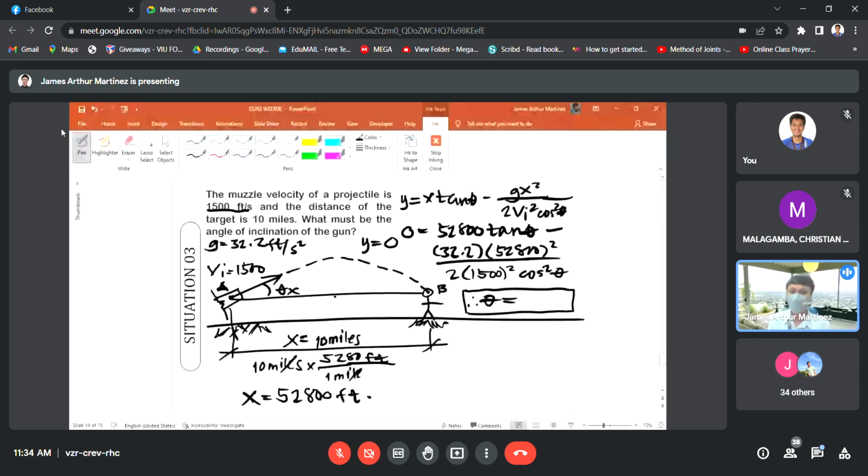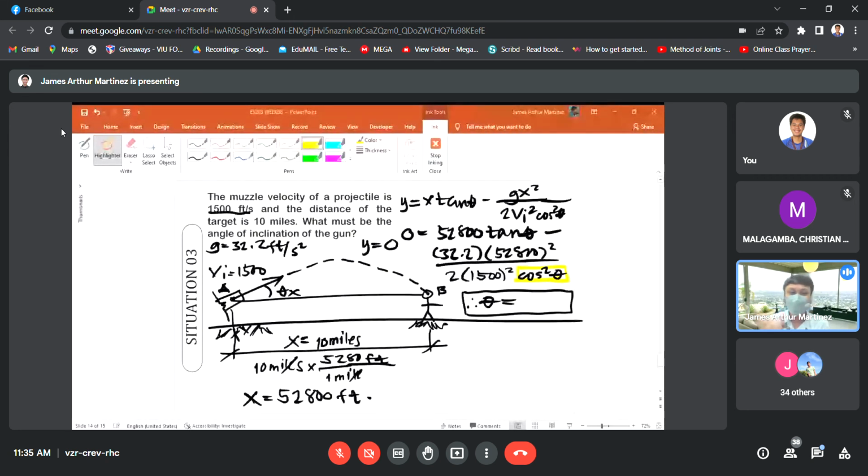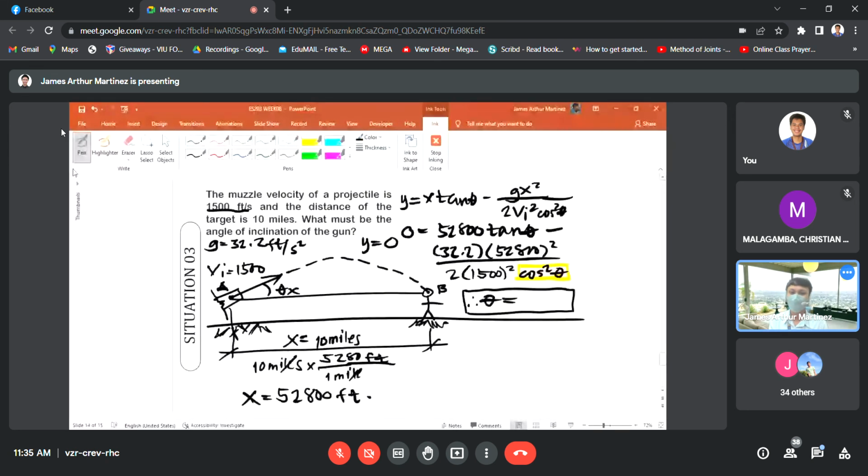Okay, so were you worried about this part, how to input it in your calculator? Take note that from trigonometry, geometry, or basic algebra, cosine squared x is just equal to cosine x squared.